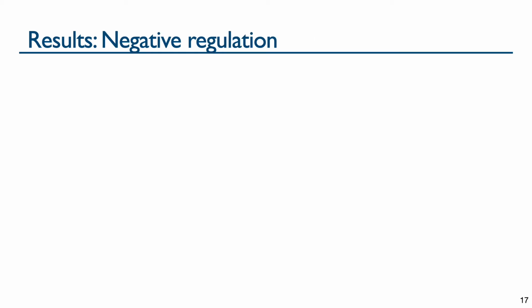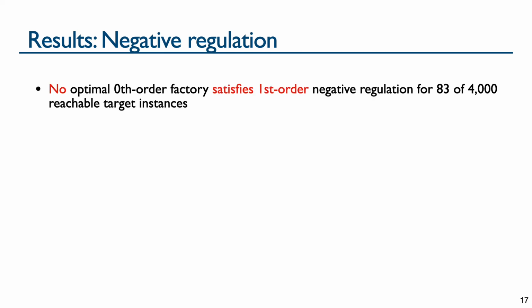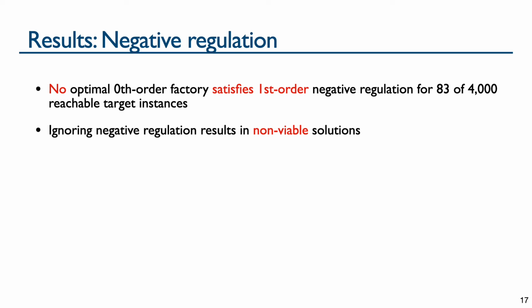Just a brief summary of our results on negative regulation. We found that no optimal 0th order factory, or one that does not consider negative regulation, satisfied first order negative regulation for 83 of the 4,000 reachable target instances. It demonstrates the importance of considering negative regulation, as otherwise you find non-viable factories.